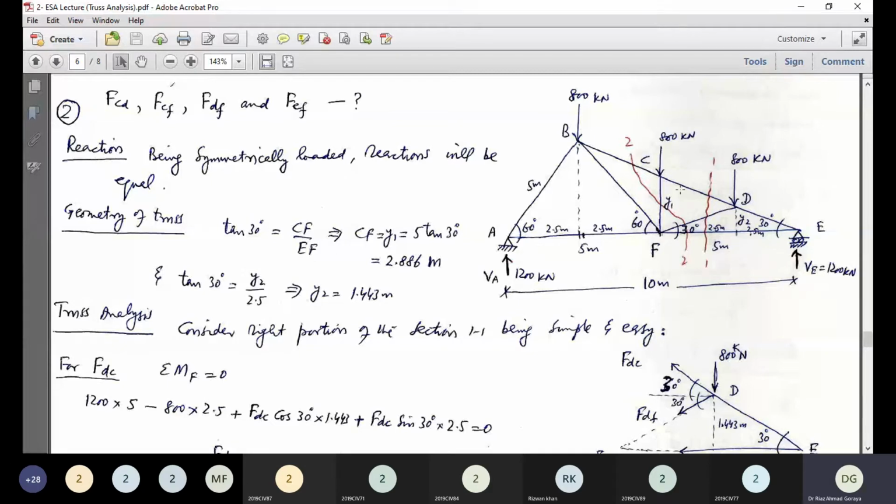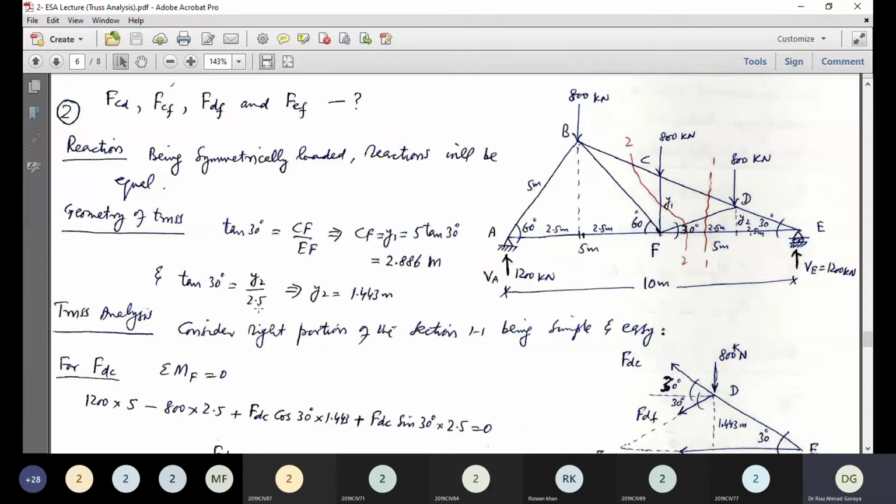So this CF, that is y1, will be equal to 5, that is EF into tan 30, that will be 2.886 meter. And surely the y2 will be half of it because it is at the same distance but in a halfway. So either you write directly half of it, or you may proceed in the similar manner that tan 30 is y over 2.5, you will get the same answer.